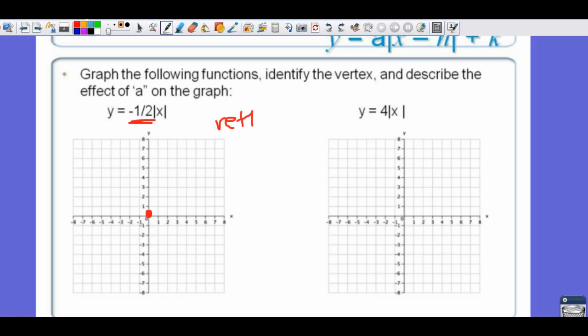So it's reflected and compressed. It's going to go down 1 and over 2, just like the slope of a normal line would. But remember that every point is symmetric.